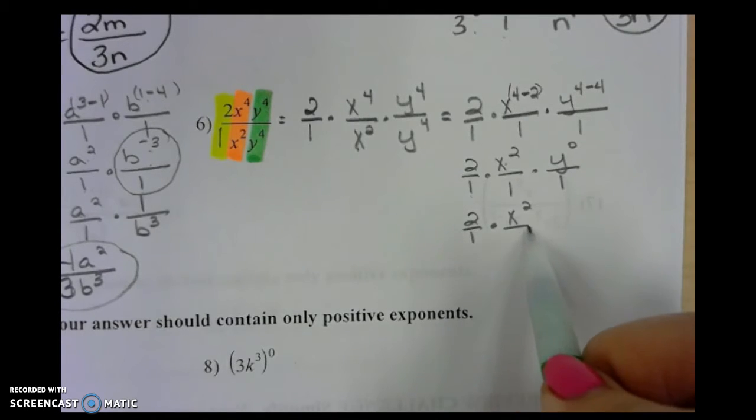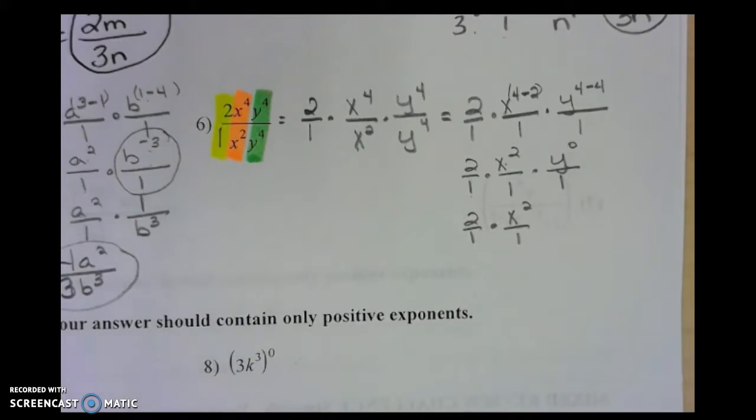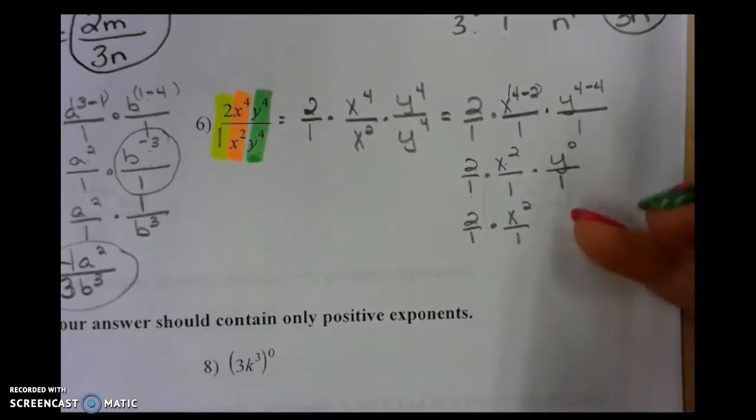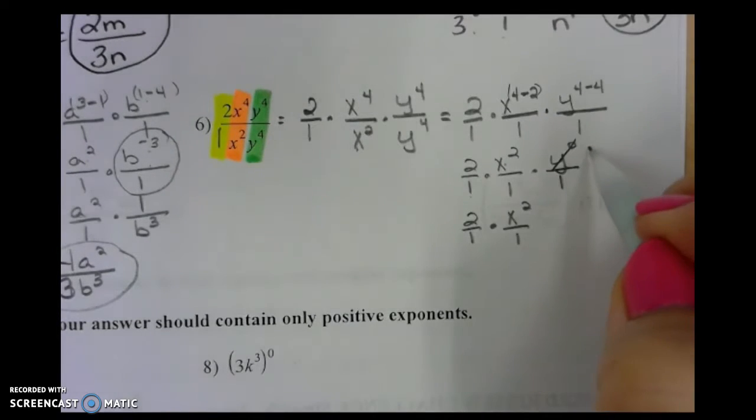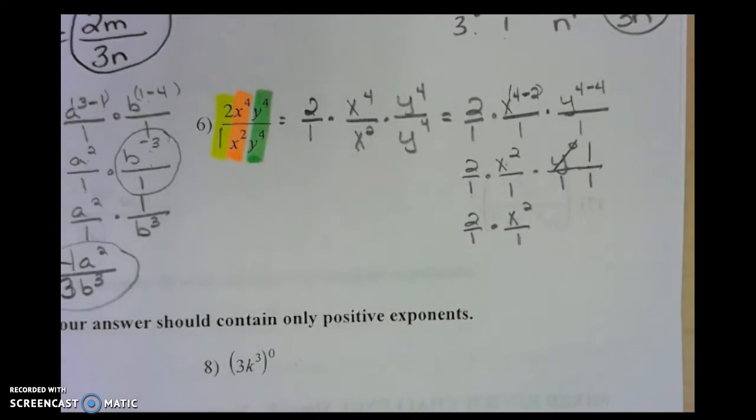It has a positive exponent. But what about y to the 0? Can I leave a 0 exponent? The answer is no. The 0 exponent rule says any base with an exponent of 0, that base becomes 1. So instead of y to the 0, we have 1 over 1.